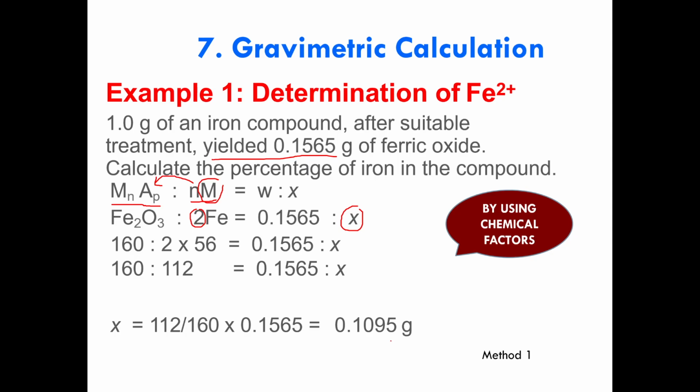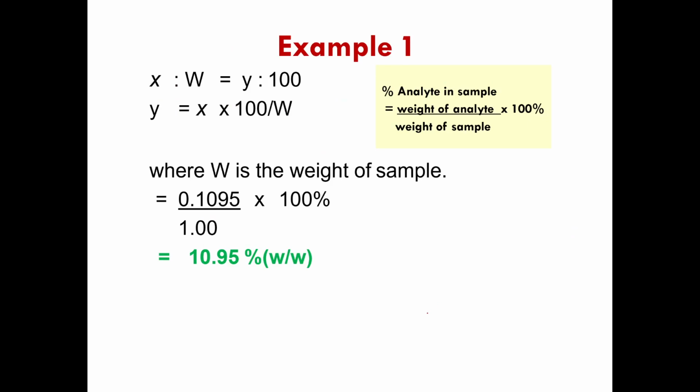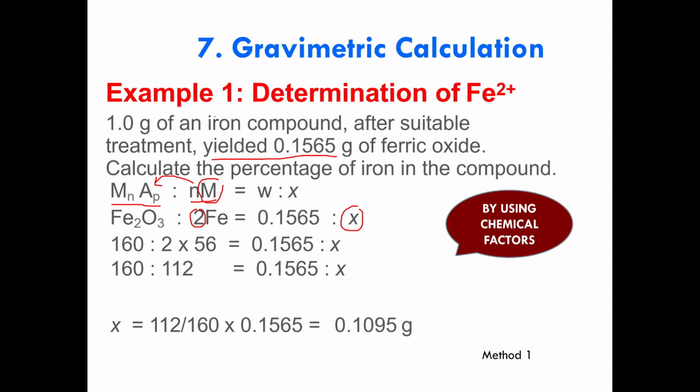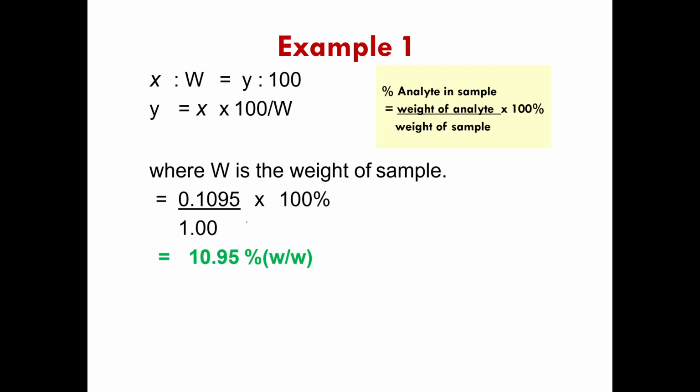So we can directly put the formula: we need to calculate the percentage of analyte in the sample. The weight of analyte divided by the weight of sample multiplied by 100%. So 0.1095 divided by 1 gram of sample in the question, multiplied by 100%, and we get the percentage of 10.95%.